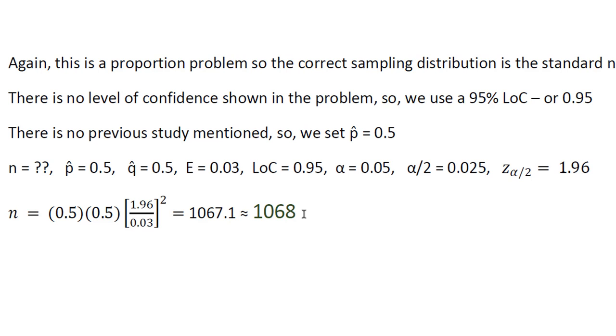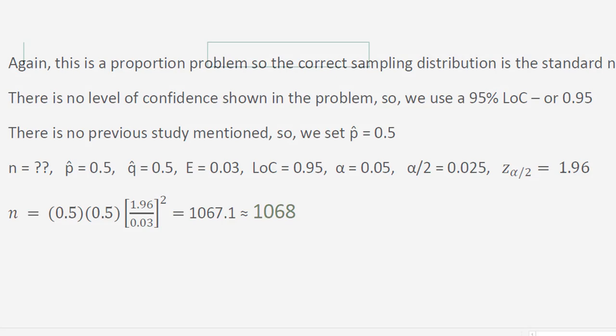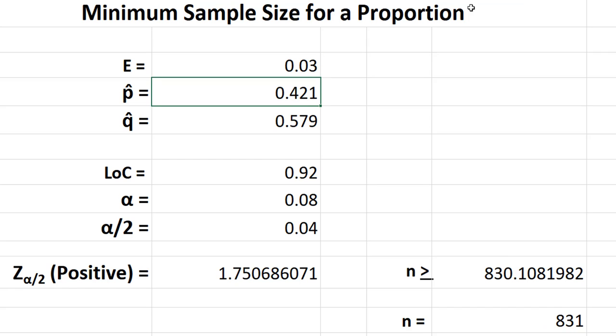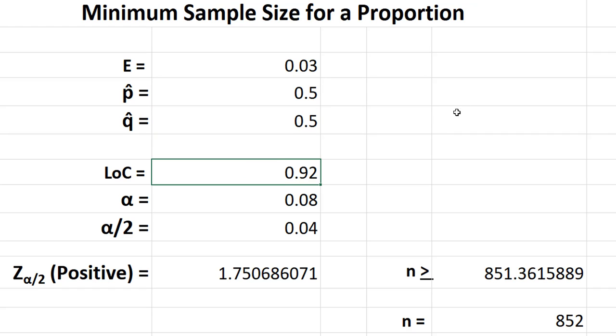Let's see how easy this is to do on a spreadsheet. E, well, we stated that was 0.03. P hat, that was not given to us in the problem, so that will be 0.5. And then q hat populates with 0.5 as well. Level of confidence, not given in the problem.